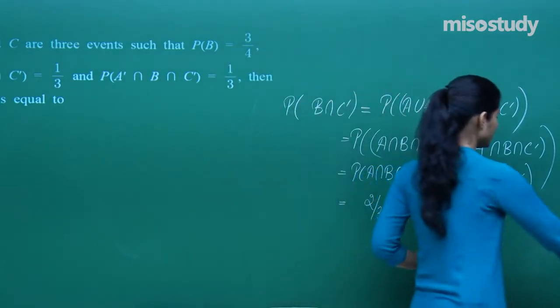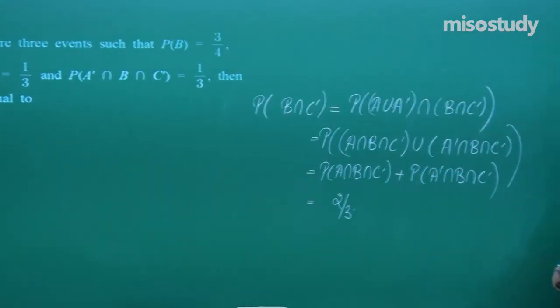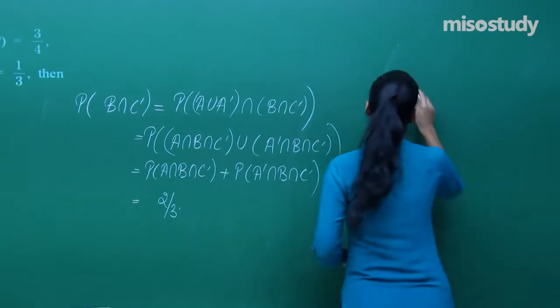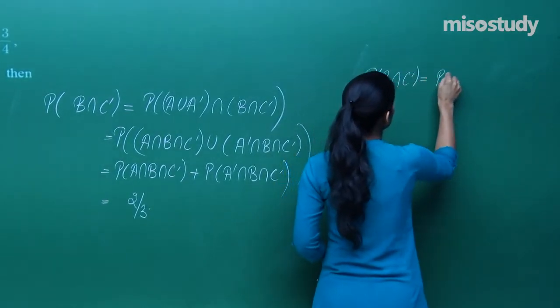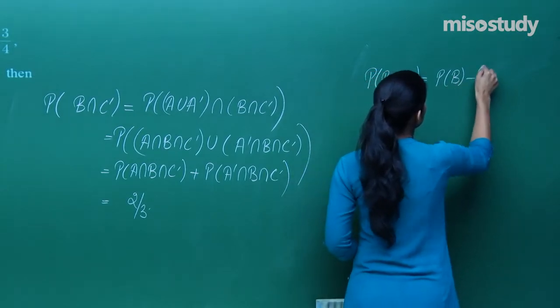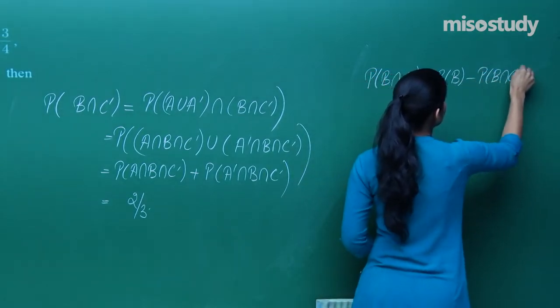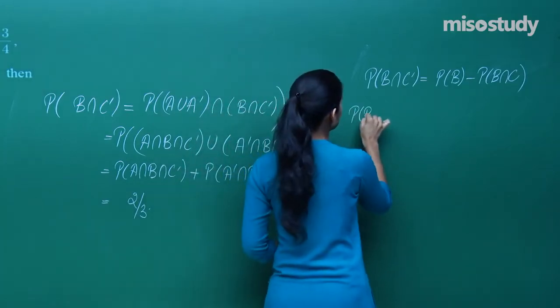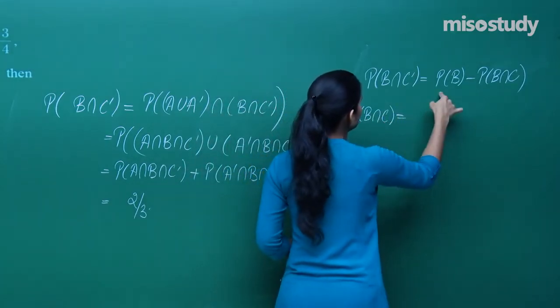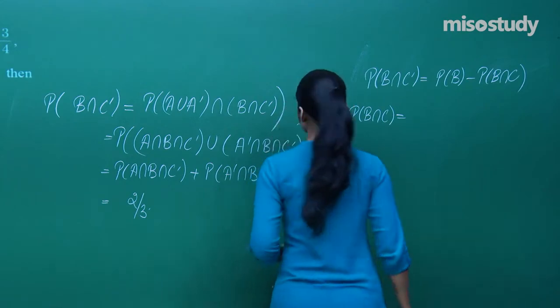And now I want to talk about probability of B intersection C. So probability of B intersection C dash is probability of B minus probability of B intersection C. So probability of B intersection C is probability of B minus probability of B intersection C dash.